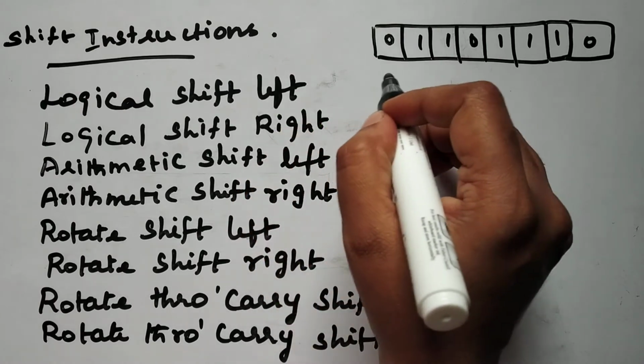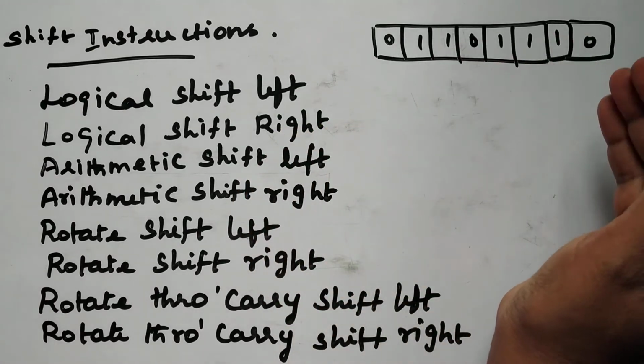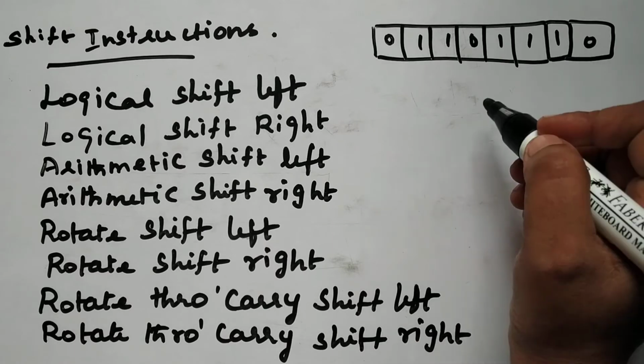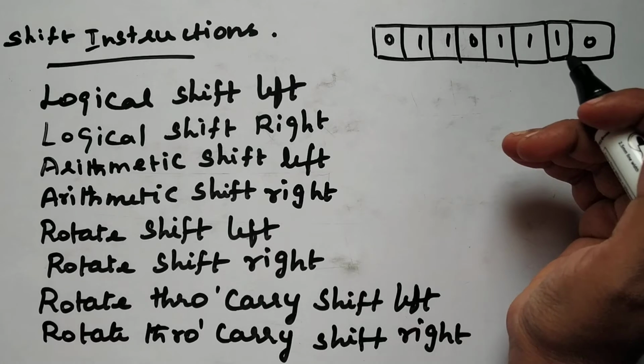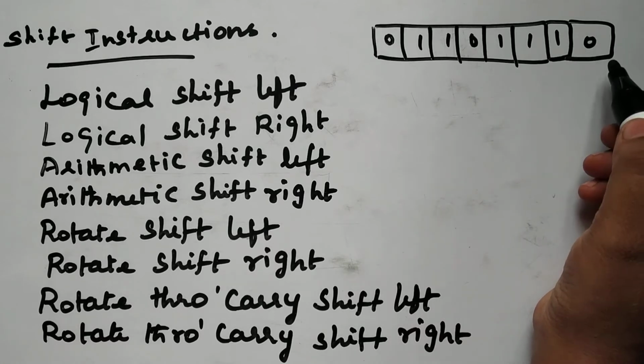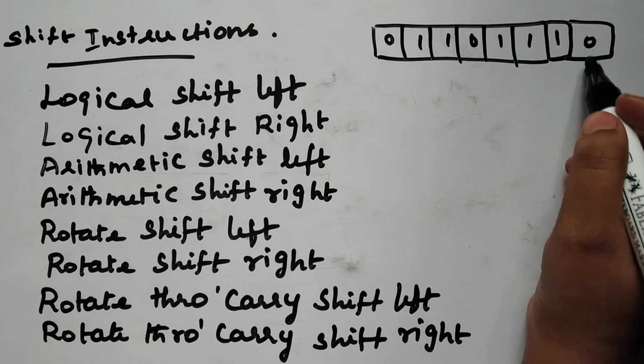So first we will discuss how to perform this logical shift left. Shift left is nothing but moving one bit to its left position. So we are moving bits to the left side. We will start from the rightmost bit of this given input. Here it is 0.